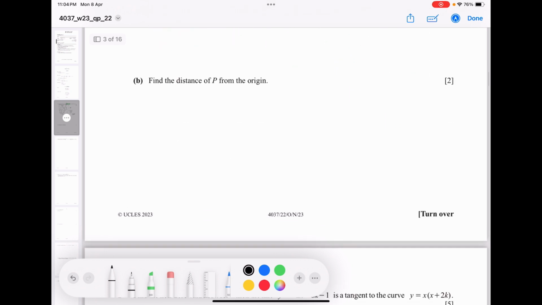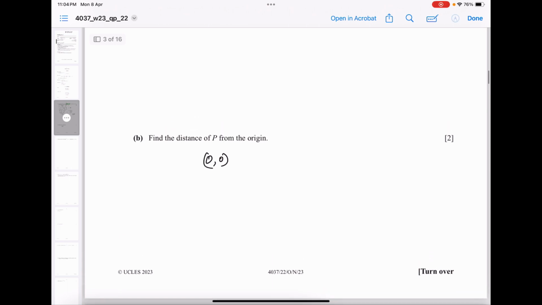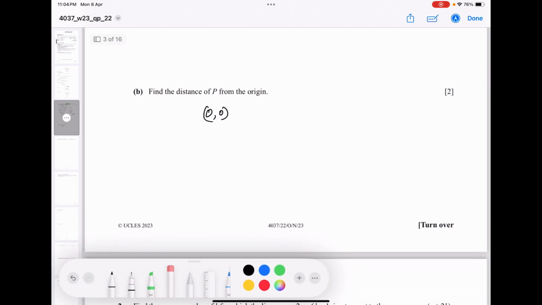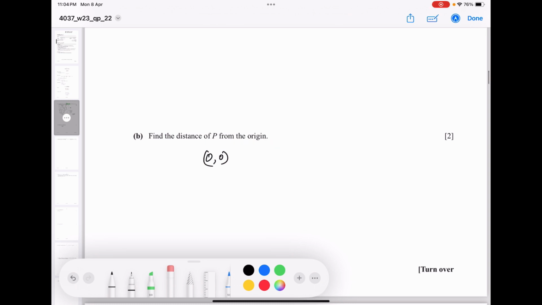Now this is the next question: the distance of P from the origin. We know the coordinates of the origin are 0, 0. Then P's coordinates we have already got: 8, 21.